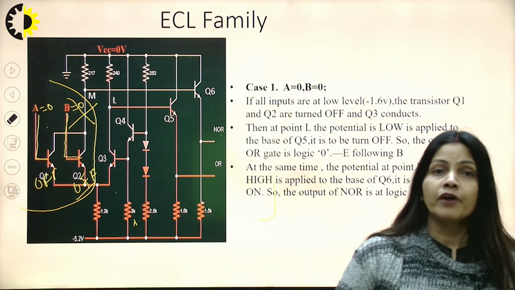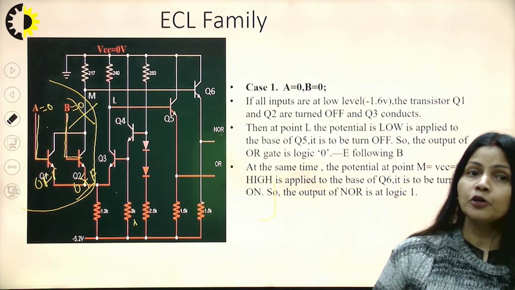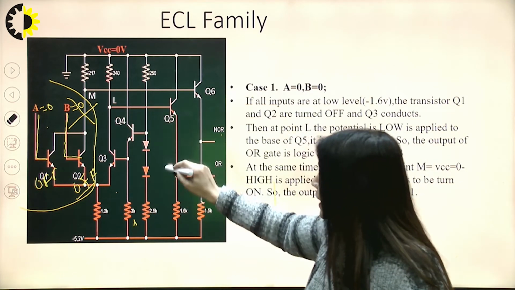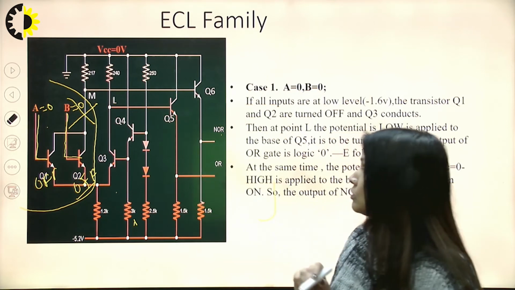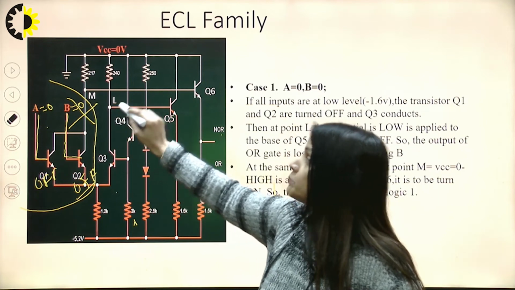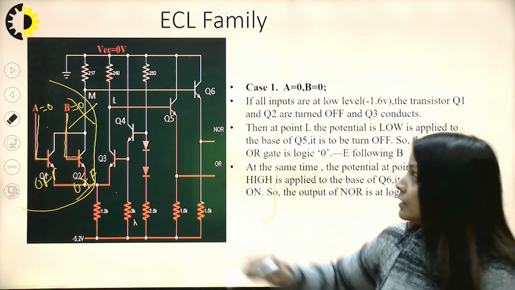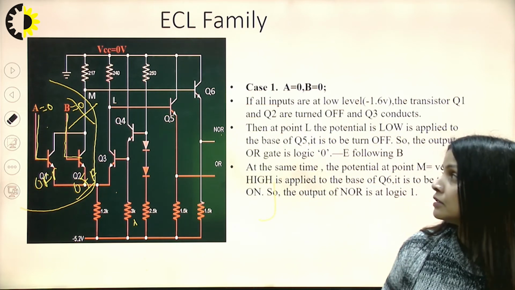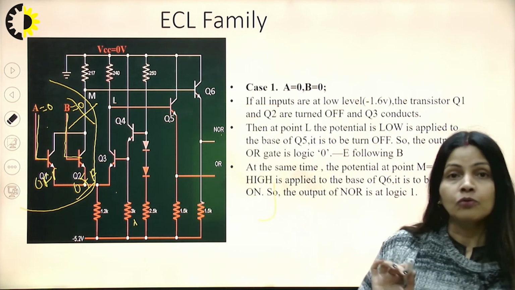If the Q5 is off, the output of the OR gate is at logic 0, right? So due to the less potential at L point, the output for the Q5 is low.